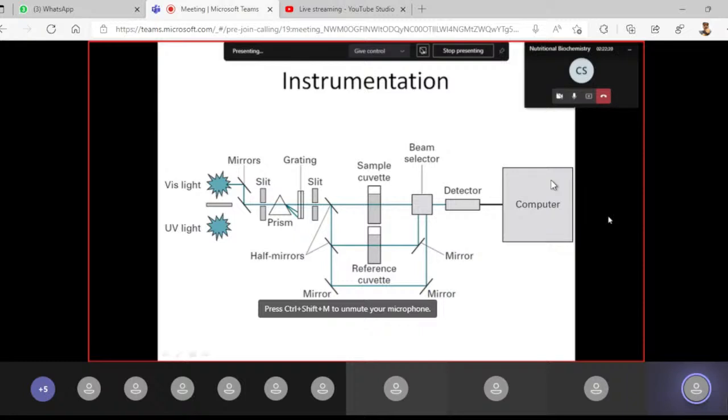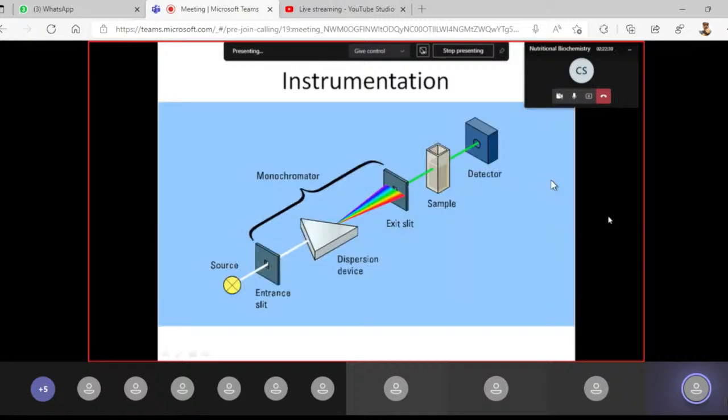Okay, now there's another concept, single beam spectrophotometer and double beam spectrophotometer. In case of single beam spectrophotometer, there will be one place to keep your sample. First you will keep your blank, where the blank will not have any color because you have not added any sample there, right?